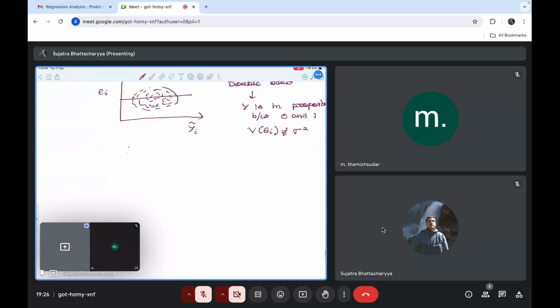And the last one, for the nonlinear part. If nonlinearity exists, then this is how the observations look. Okay, it's kind of a curvilinear band. You can see ei is equal to 0, and this is y. So here, a non-linear relationship.